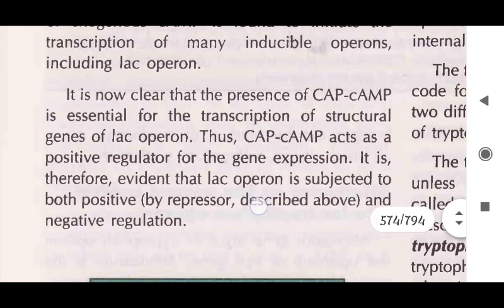It is now clear that the presence of the CAP-cAMP complex is essential for transcription of the structural genes in the lac operon. Obviously, without the CAP-cAMP complex you cannot do transcription, because RNA polymerase won't bind. Thus, the CAP-cAMP complex acts as a positive regulator of gene expression. It is therefore evident that the lac operon is subjected to both positive regulation and negative regulation by the repressor. So this was all about the lac operon.